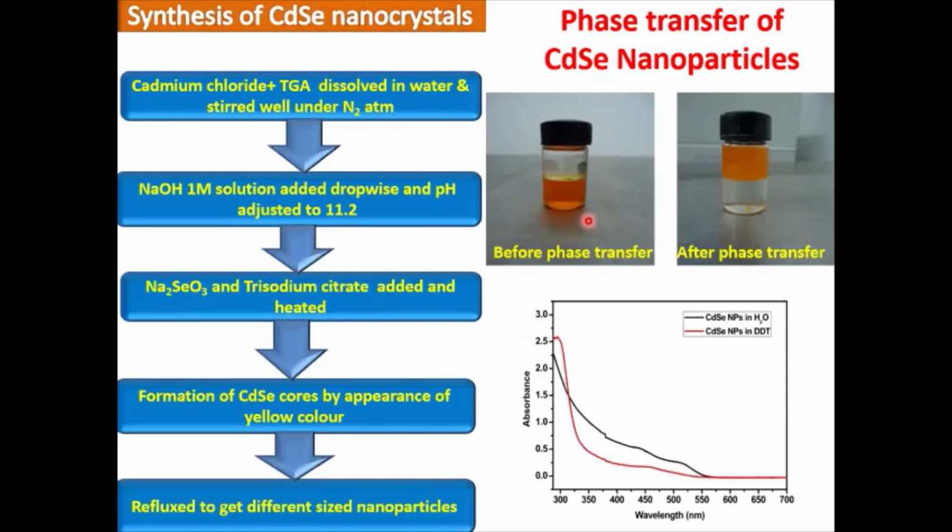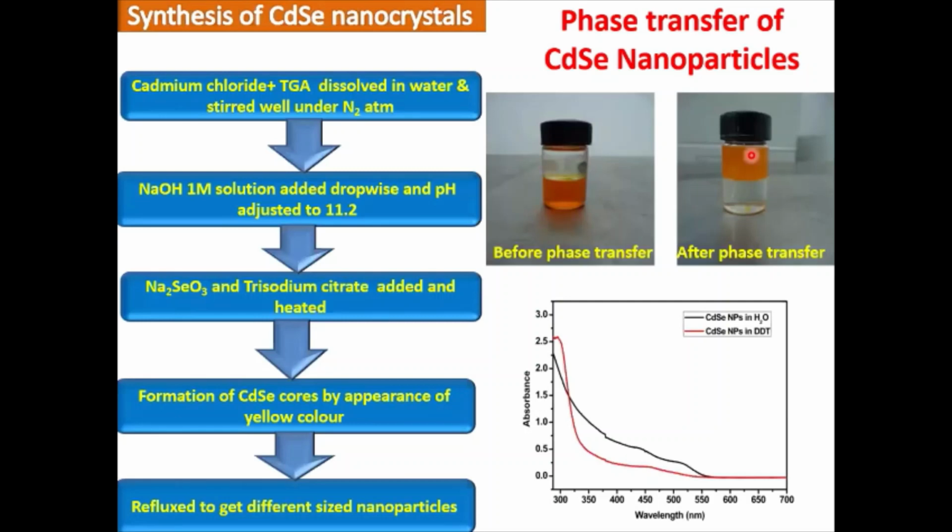So we thought of transferring this cadmium selenide to another surfactant or coordinating solvent. We used dodecanethiol, 1-DDT, and then we used the chemical process of phase transfer. So we transferred the cadmium selenide from thioglycolic acid into dodecanethiol.